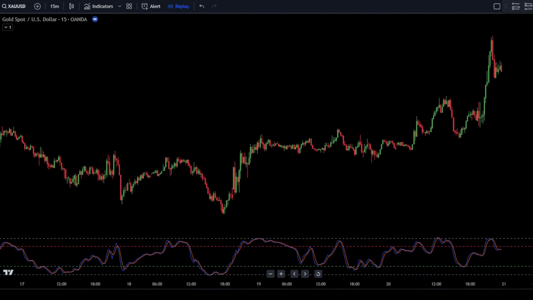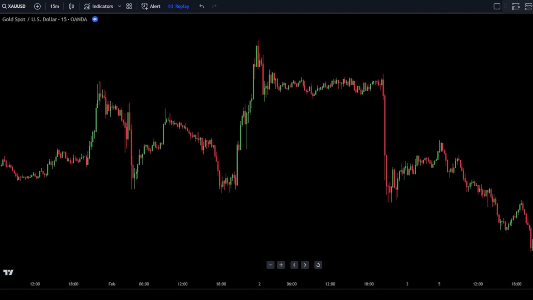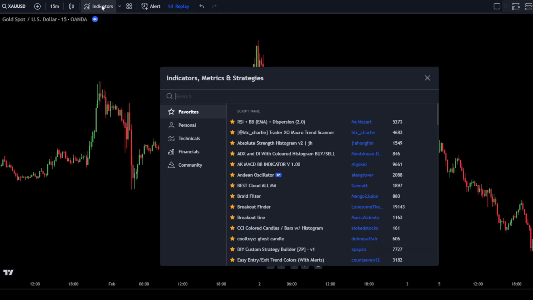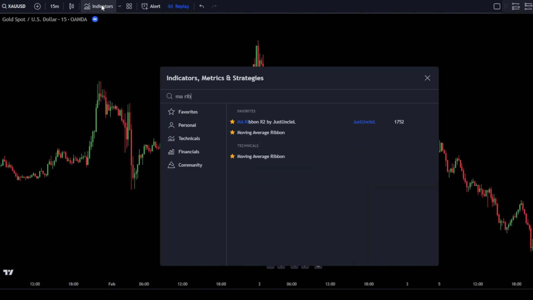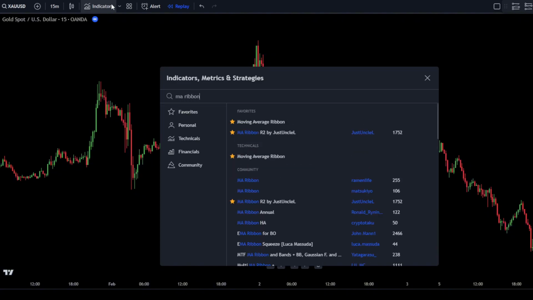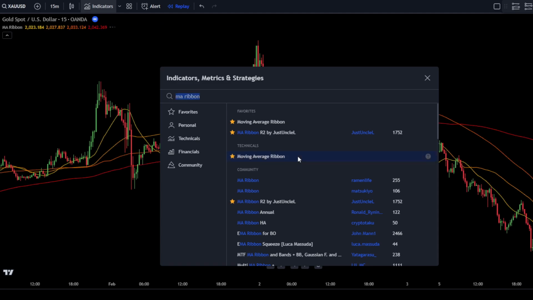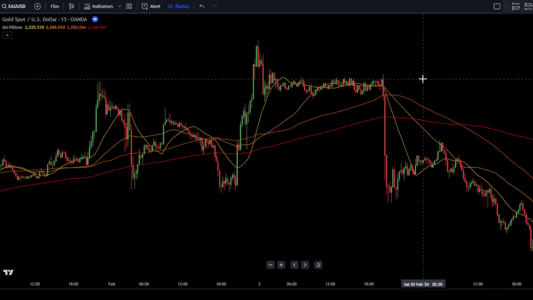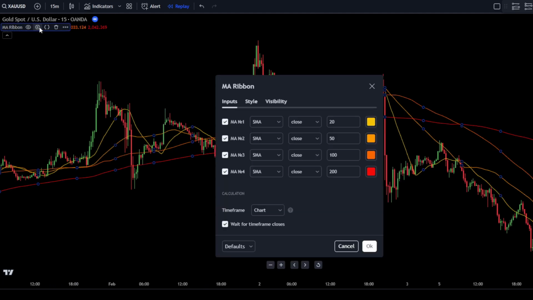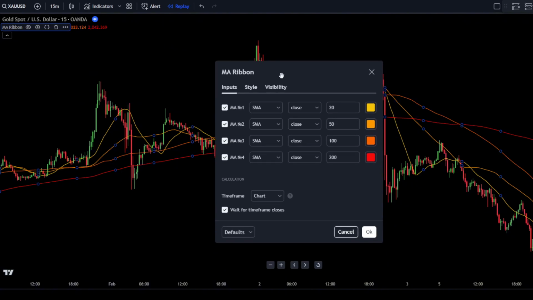Now, open your TradingView. Then go to the Search tab for indicators. In the Input tab, type in EMA ribbon. Simply select the default EMA ribbon from TradingView. Next, configure the settings for the EMA ribbon indicator. In the Input tab, disable EMA number 1. Then, change the second EMA to 50.